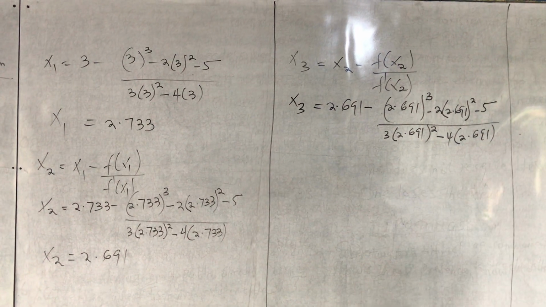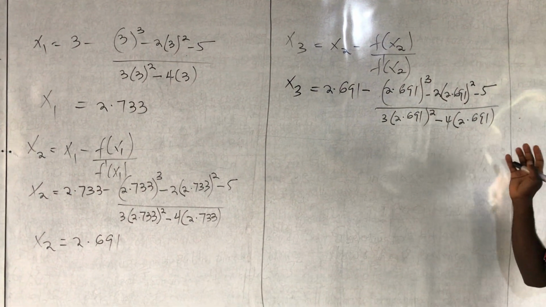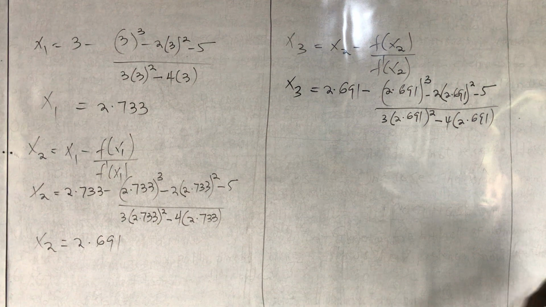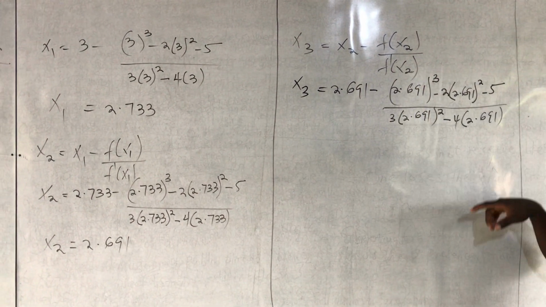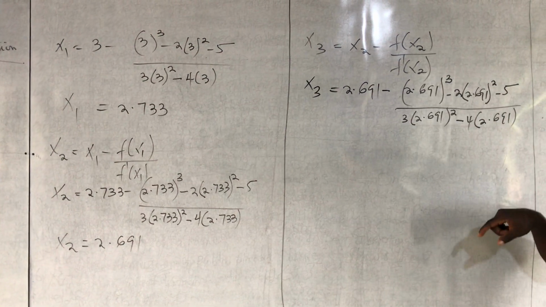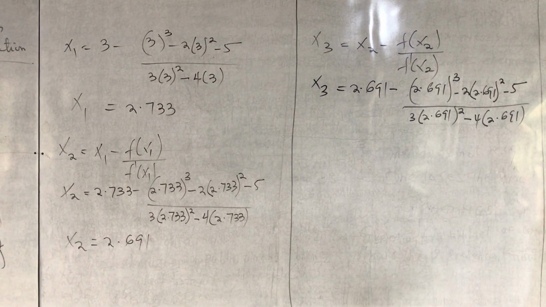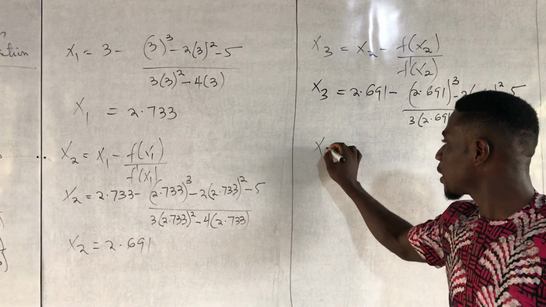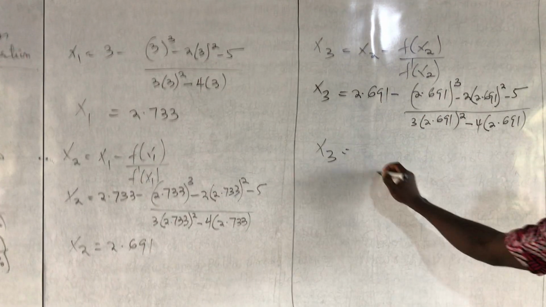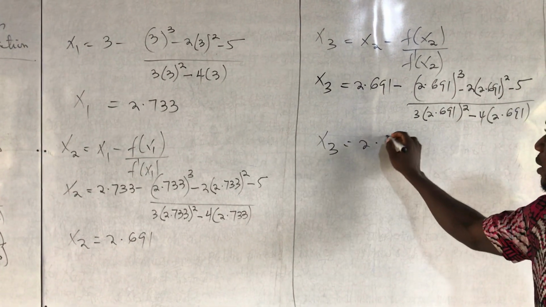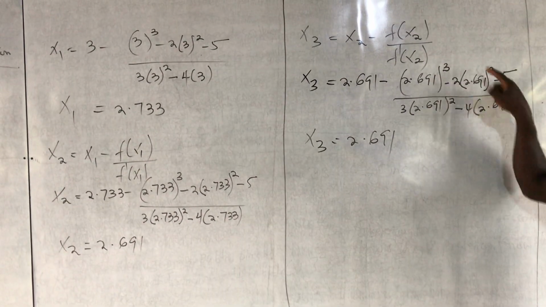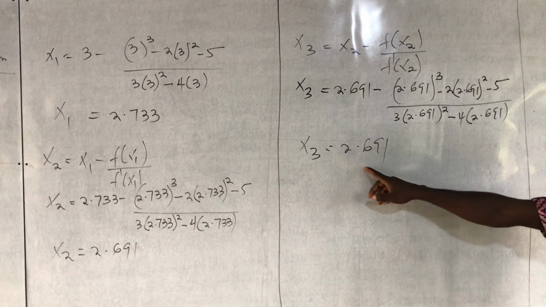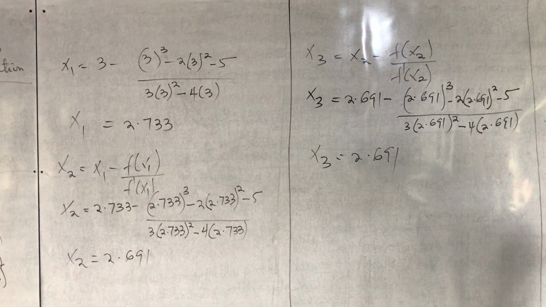Please, do you understand that? Now once you have this, we evaluate it: 2.691 minus what you see here. This will now give us x3 equal to 2.691.